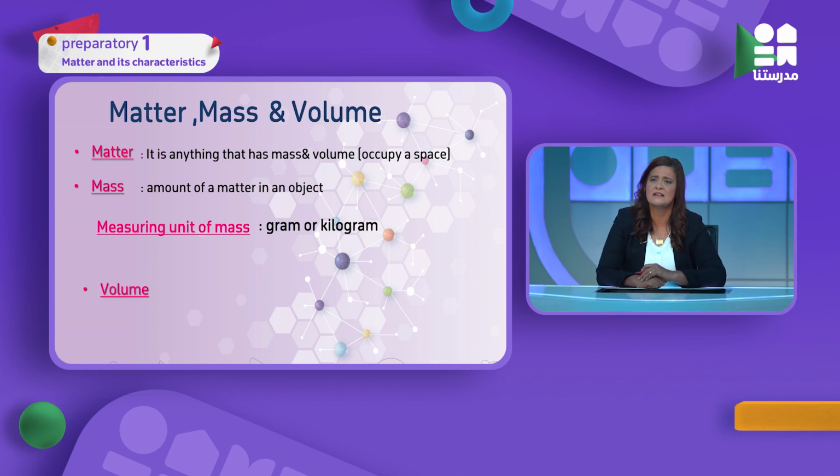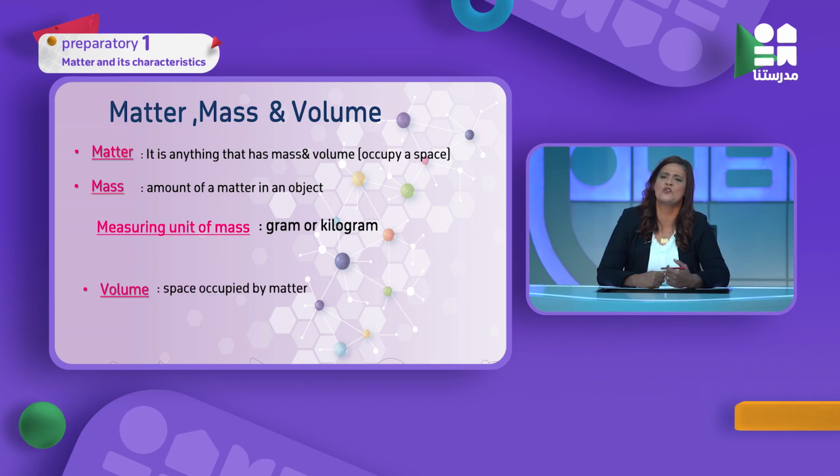Volume means the space taken by the body or the space occupied by this matter. I mean by body, matter. Okay, what about the measuring unit of volume? The measuring unit of volume is centimeter cube, and I can say it in other words, cubic centimeter or meter cube or cubic meter. Of course, the biggest one is cubic meter.